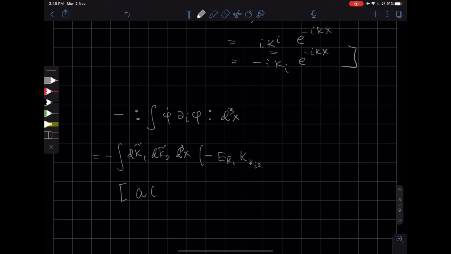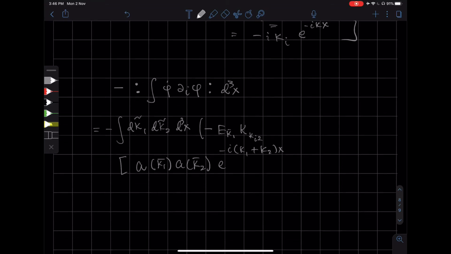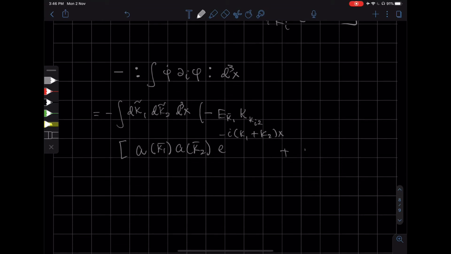One is a of k1, a of k2, e to the power minus I (k1 plus k2) x, and then a term which is going to be a dagger of k1, a dagger of k2, e to the power plus I (k1 plus k2) x, and then we are going to get two more terms.